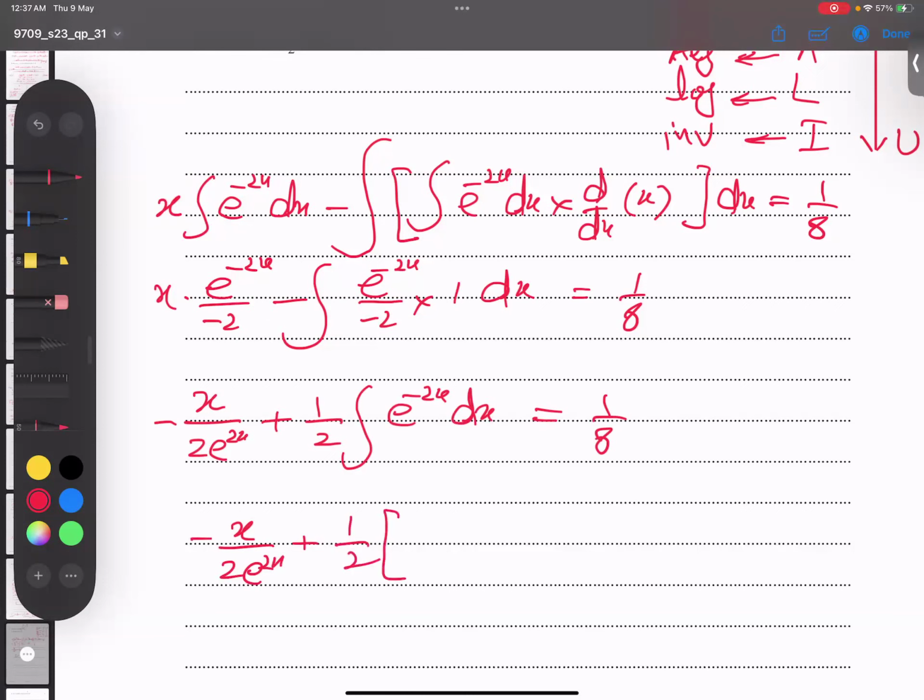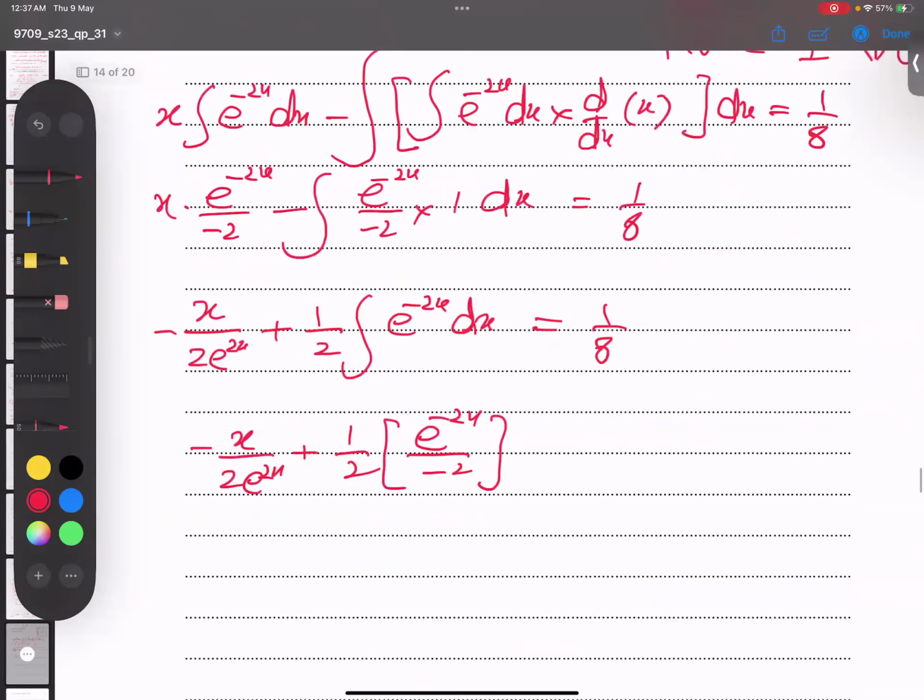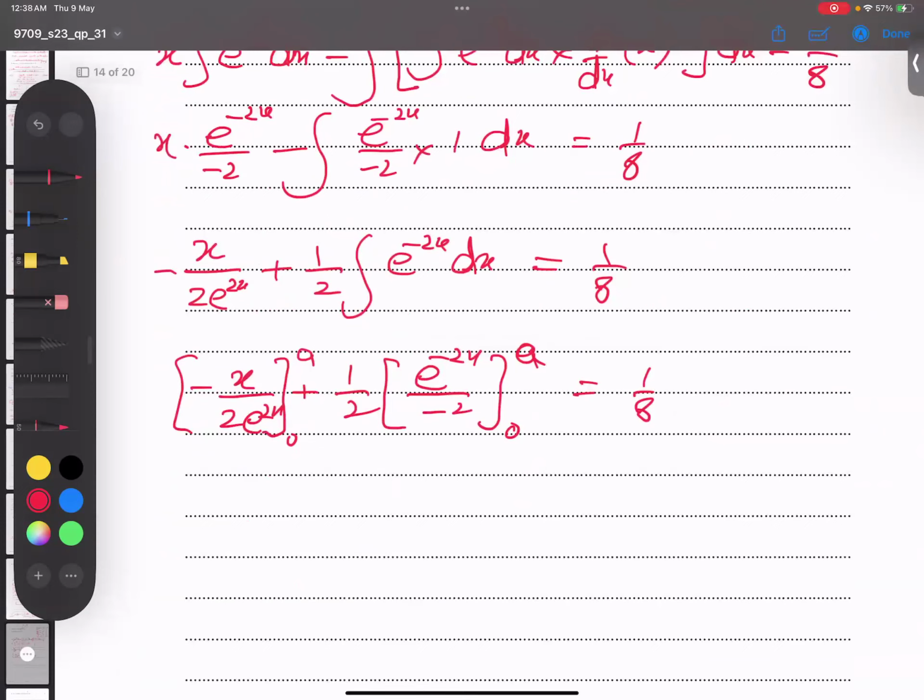What is the integration of this? e to power -2x divided by -2, and limits I'm writing now, 0 to a. Students, simplify first. The negative I can bring outside to get rid of this negative problem, keep inside, no issue at all. And this negative 1/4, I bring in the denominator, 0 to a.